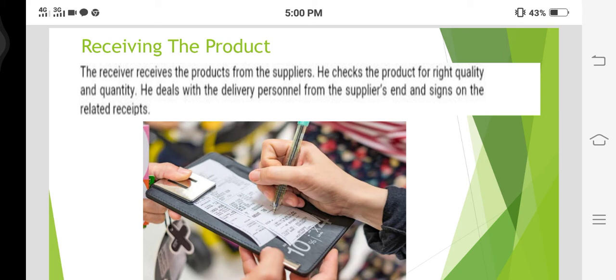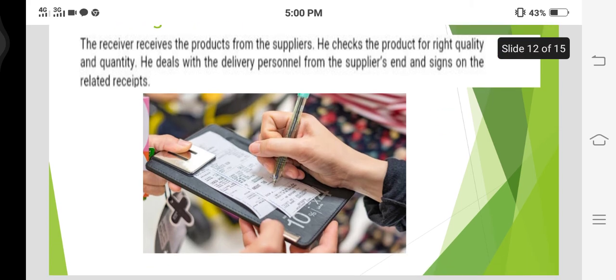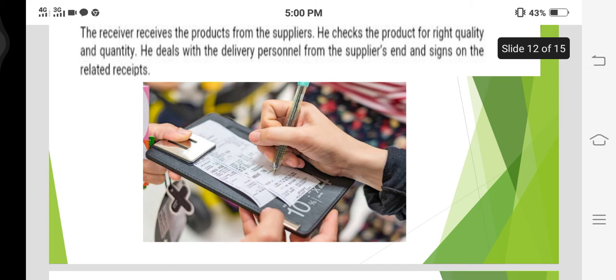After purchasing the product, if you had it delivered, you must check the product you receive, whether the quality is good, whether there is any damage, and whether the quantity is correct. If everything is okay with the products you purchased, you will end by signing the receipt, or taking the receipt of the product.